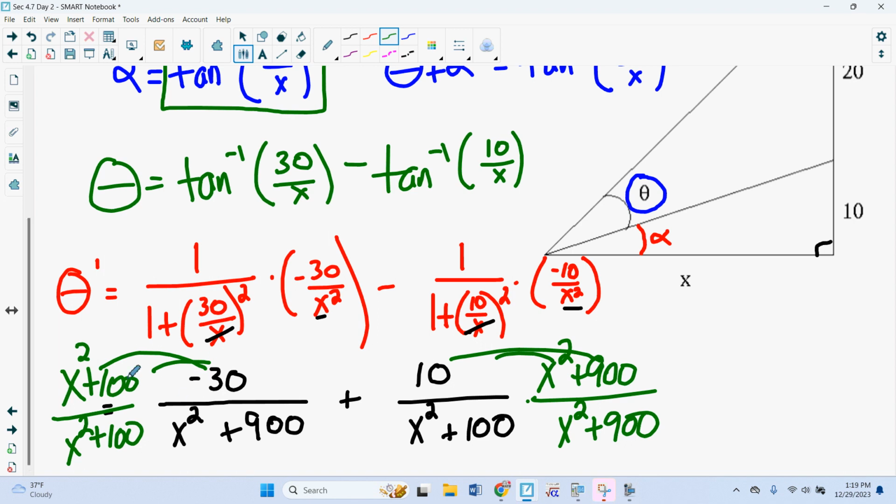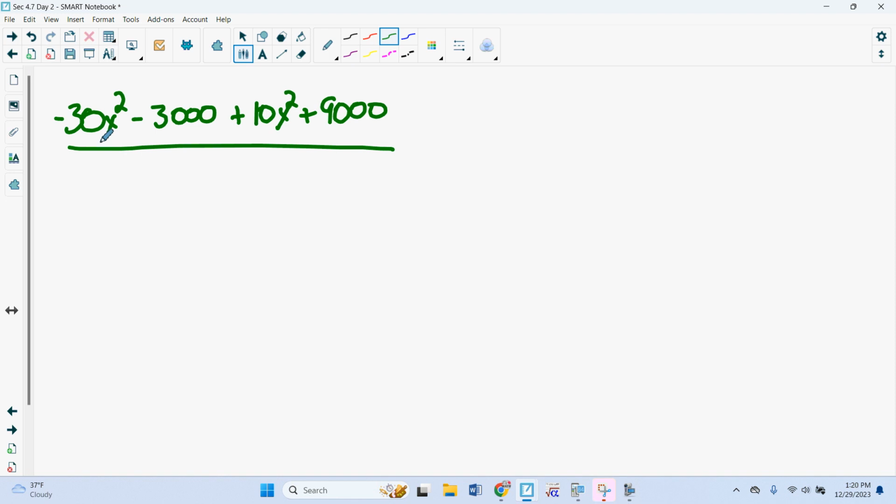Negative 30 times 100 is negative 3,000. And 10 times 900 is 9,000, and 10x squared. And then our denominator is just x squared plus 900 and x squared plus 100. And then we want to determine when is that 0.